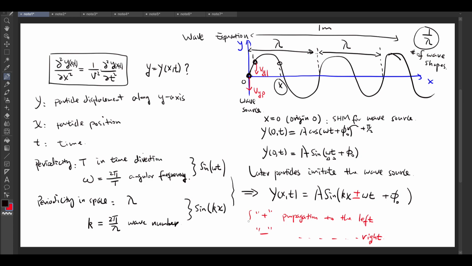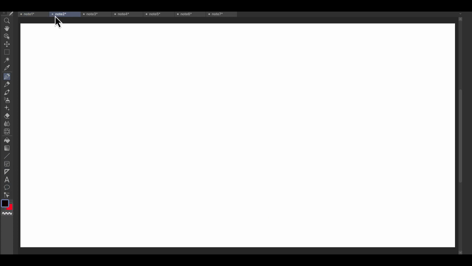So I will talk about these meanings later on, okay? But right now, we know there must be a combination of kx and omega t. They both contribute to the phase of the sine function, and that phase is important, okay? So let's also define this quantity here. We call it the phase. So the whole thing inside the argument of the sine function is called a phase.